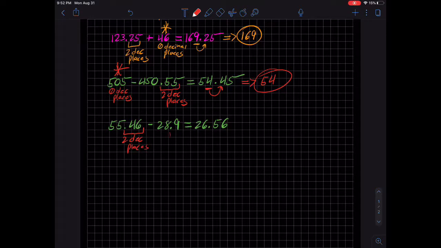Our second number over here only had 1 decimal place. So the least number of decimal places is right here at 28.9 with 1, meaning we're going to be rounding right here at the 5. When we look right after the 5, we get a 6, and anything 5 or above makes a number round up. So the final answer is going to be 26.6.